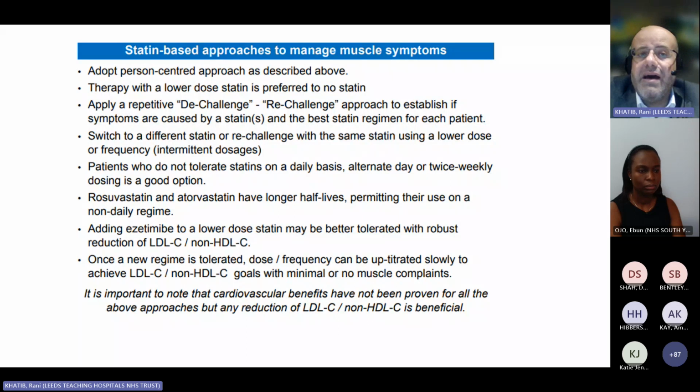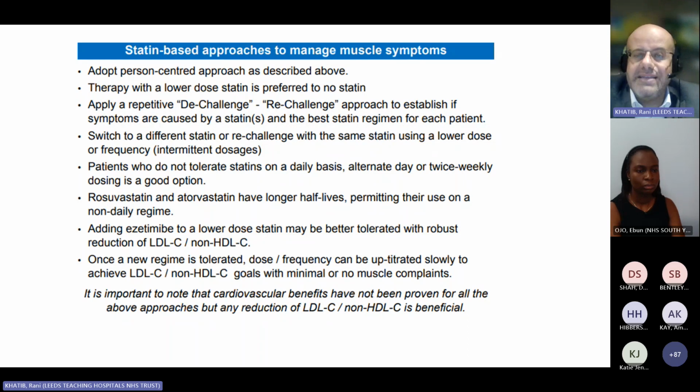Try and apply a repetitive de-challenge approach where you stop, give a washout period, and restart with a lower dose of the same statin or a different statin, switch to a different statin, or use intermittent dosing. Some patients would be okay with once a week, twice a week, every other day.